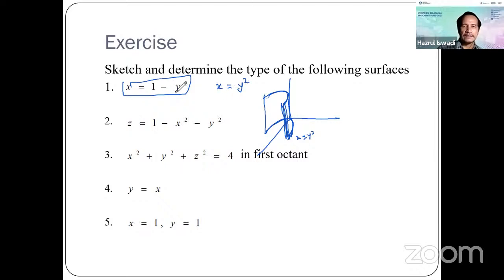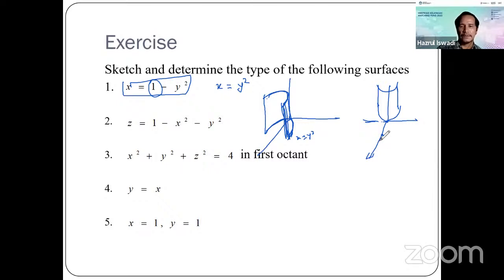There is a minus, so it means that we have the opposite direction, not to the front, but to the back, like this, and then shift this surface to the front one unit.